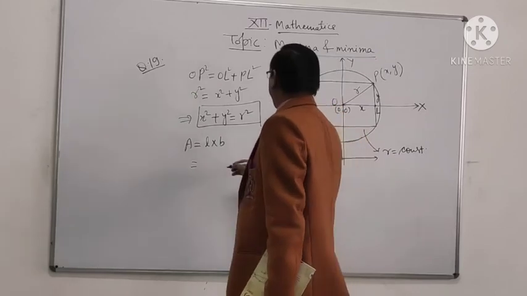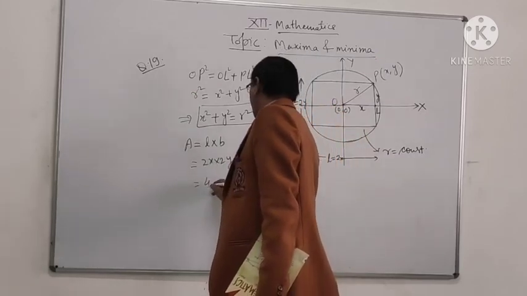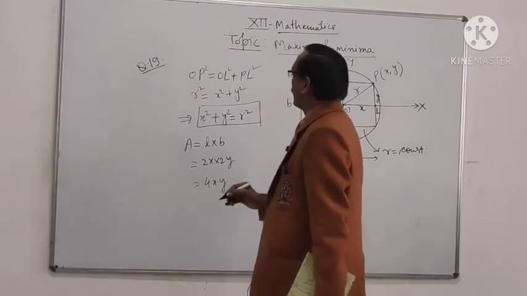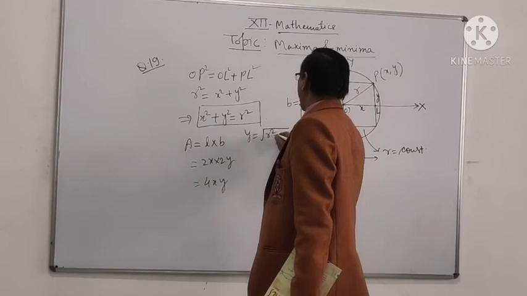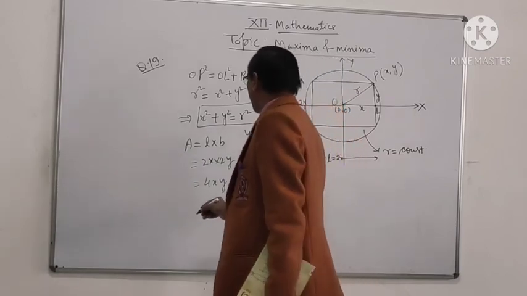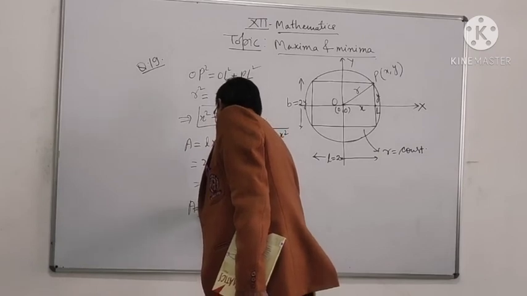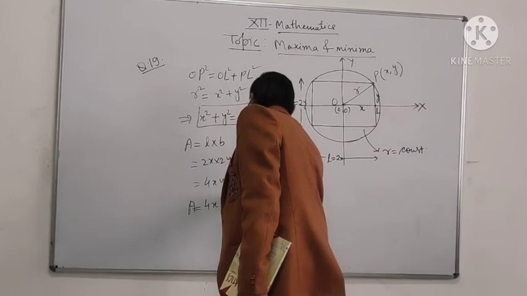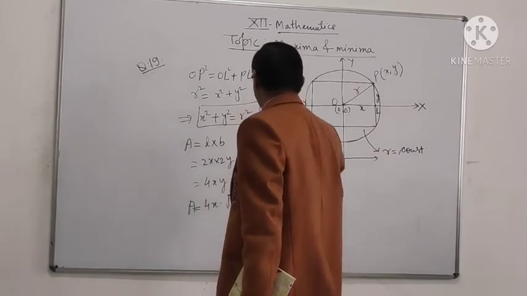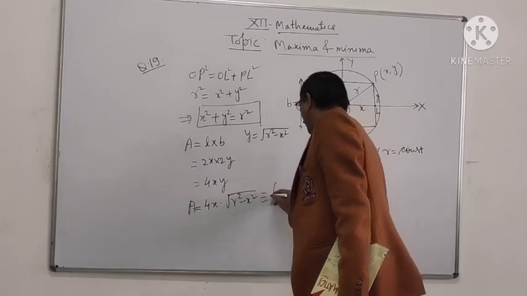Length is 2x, breadth is 2y, so it is 4xy. Student, value of y is root of r square minus x square. So A equal to 4x into root r square minus x square. Student, r is constant, so this area is a function of x.